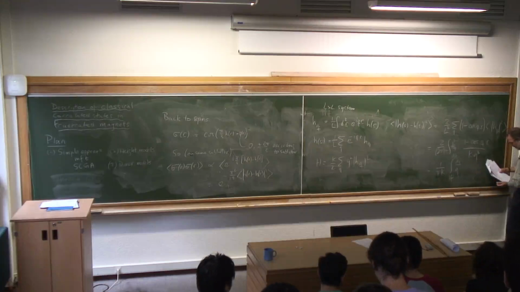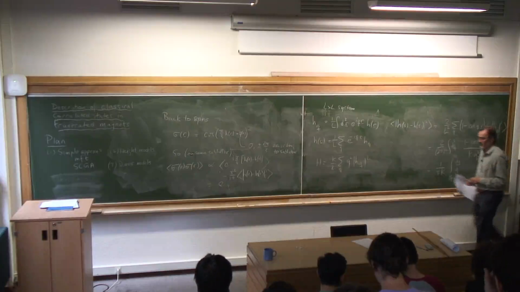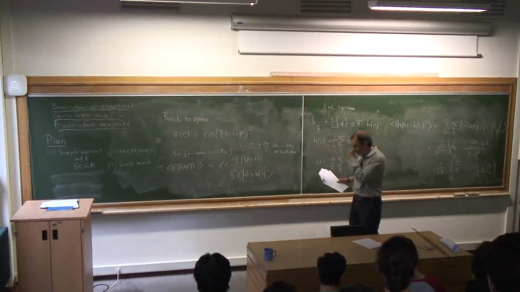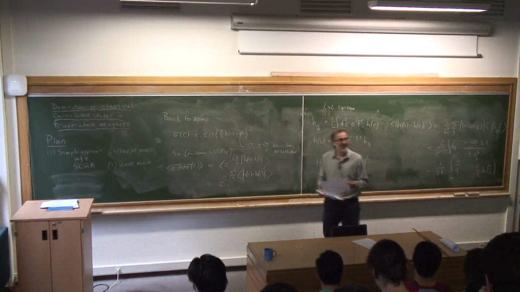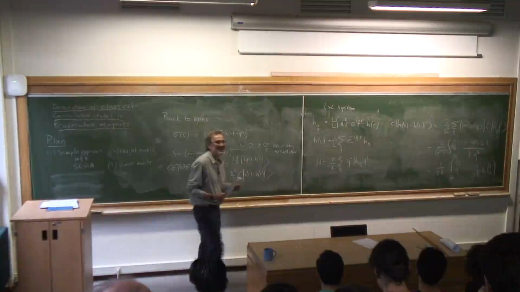So this integral gives me a logarithm, and so what I have is 1 over pi K times the log of the distance. So, any questions on the details of that?